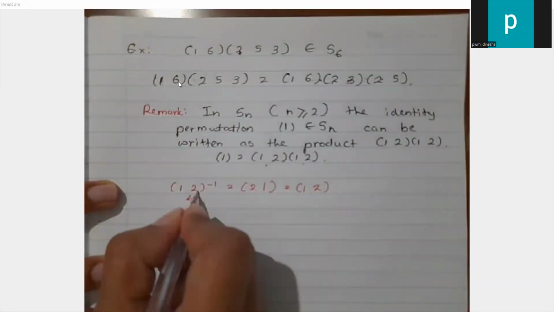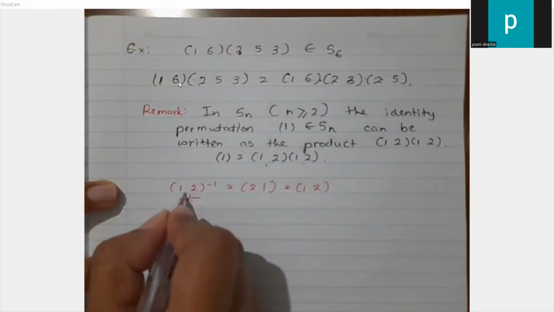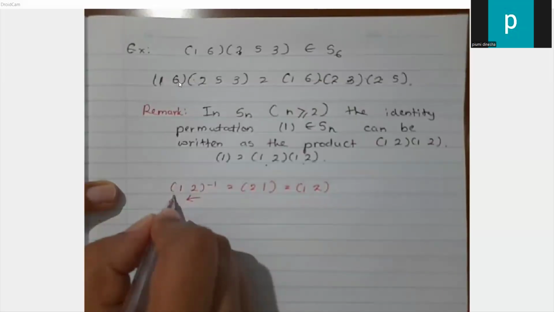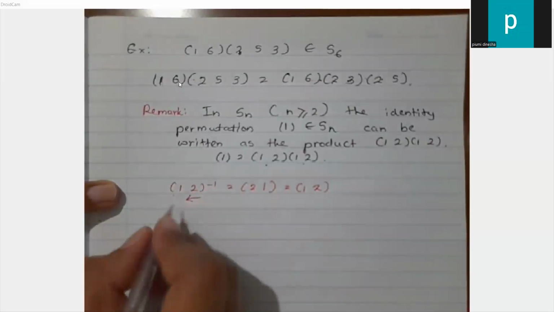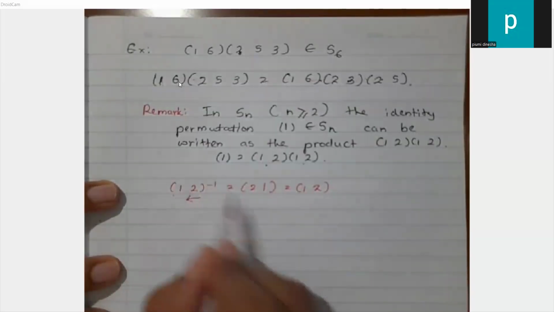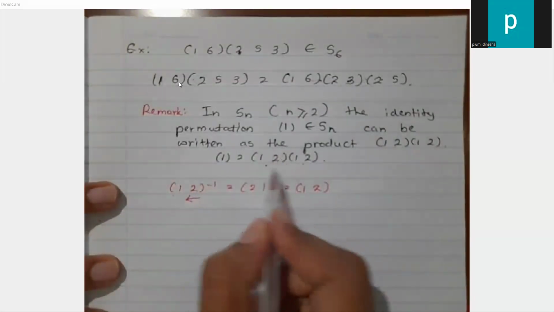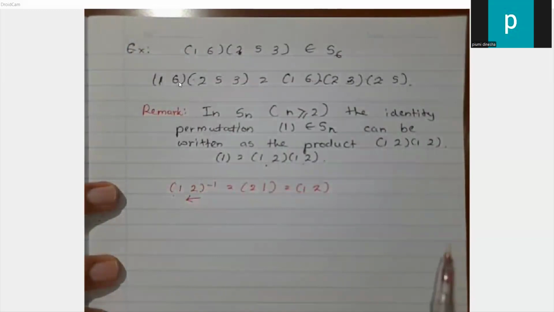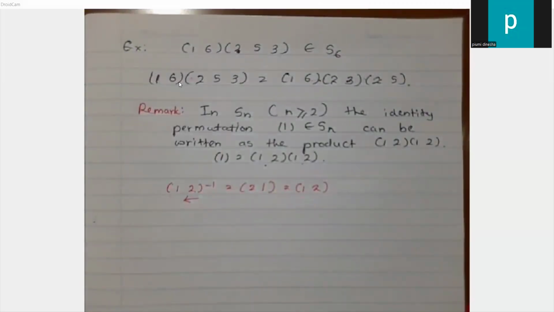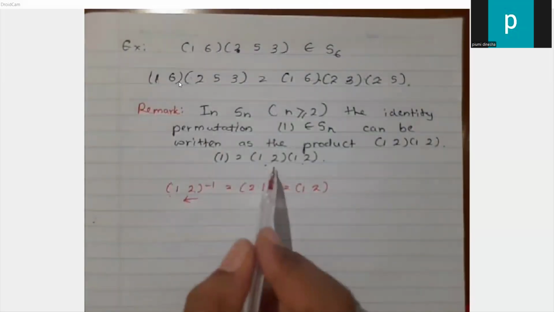Start from this last element and list down all the elements until you get to the first one, right? So the inverse of (1 2) is (1 2) itself. By definition of an inverse, when you take the element composed with its inverse, you get the identity permutation, right? So even the identity, when you have at least 2 elements in a permutation group, you can write as a product of transpositions as given over here.